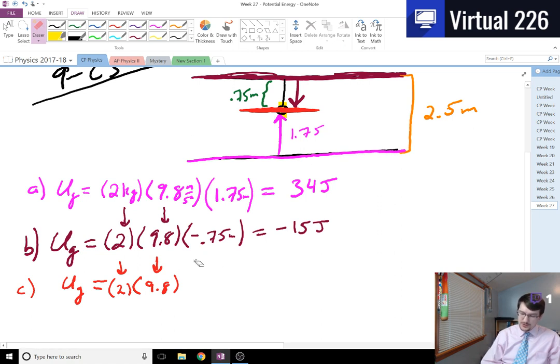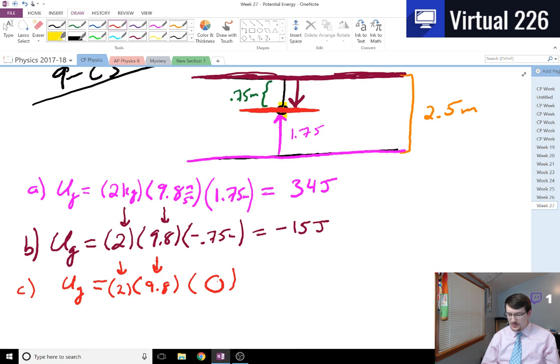We've got a new h. Our h here is 0. We are at the reference position. Because we're at the reference position, we're neither above nor below it. We're no distance away. It's just 0. And if we multiply all that together, whatever times 0 gives us 0.